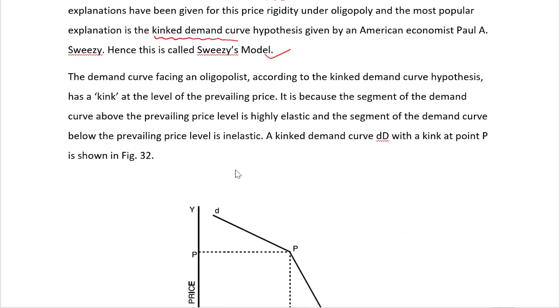The demand curve facing an oligopolist, according to the kinked demand curve hypothesis, has a kink at the level of the prevailing price. This is because the segment of the demand curve above the prevailing price is highly elastic, and the segment of the demand curve below the prevailing price is inelastic. A kinked demand curve DD with a kink at point P is shown over here.